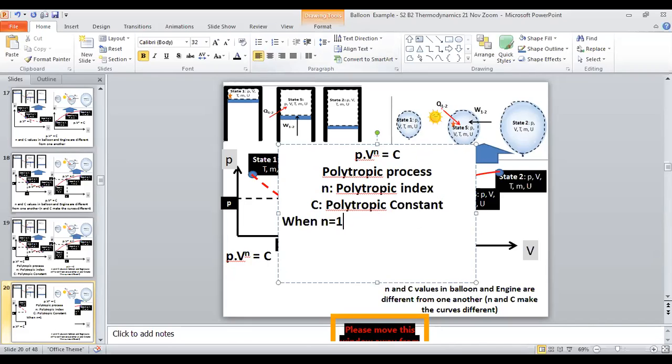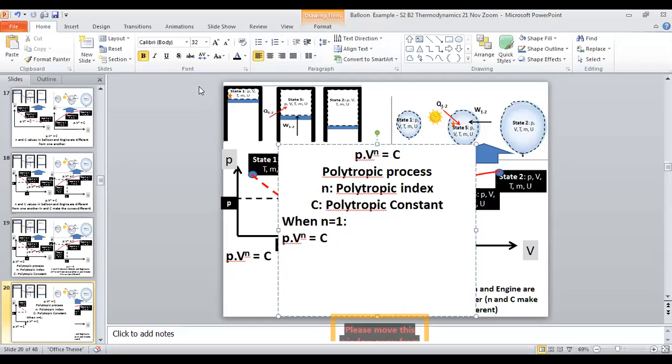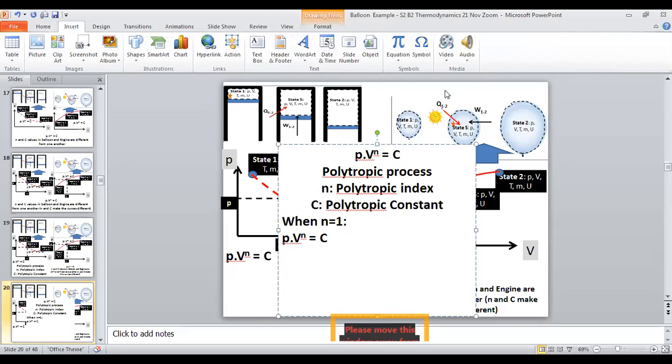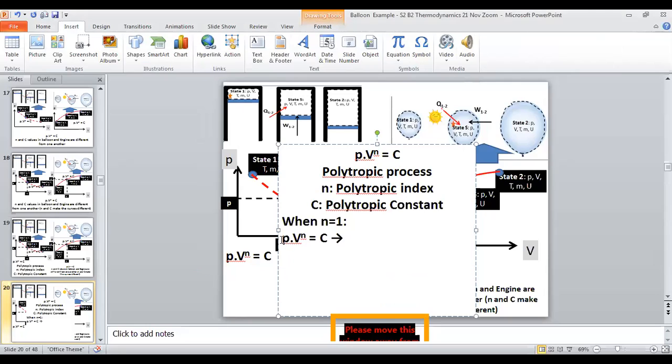When n equals 1, PV to the power n equals C becomes what?